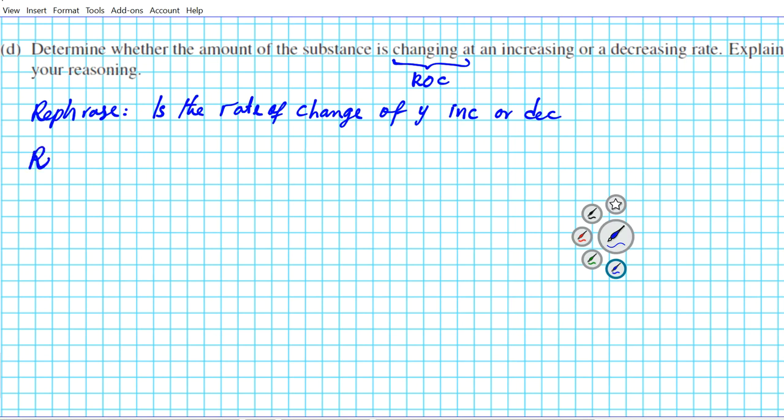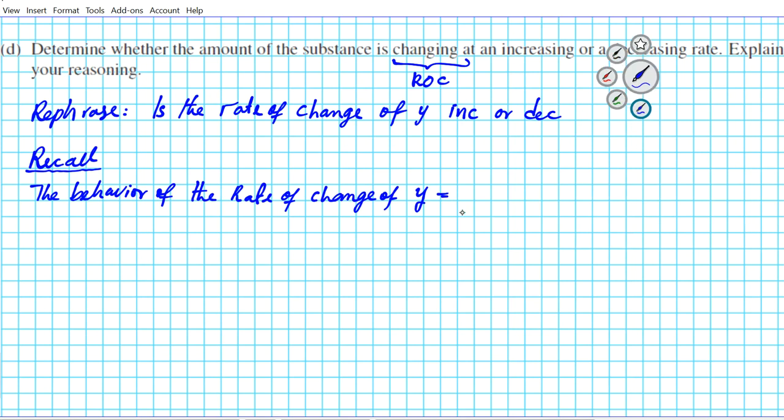Okay, so what you need to recall is the following. If you're asked if a function is increasing or decreasing, you need to look at the sign of its derivative. Okay, so the behavior of the rate of change of y can be determined by simply looking at the sign of its derivative, the sign of y prime.